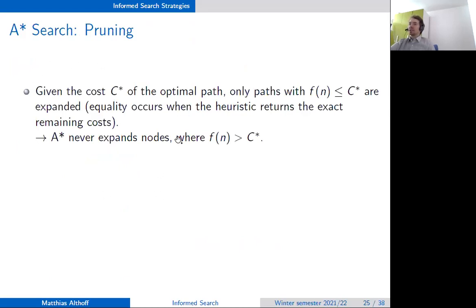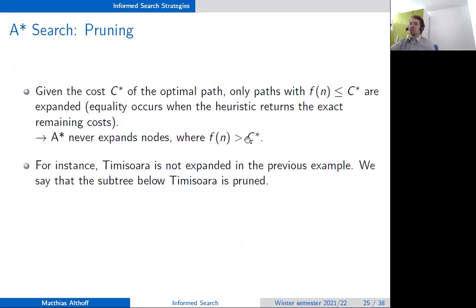So now let's talk again a little bit about this pruning that I already mentioned. Given the optimal cost C star, only paths with costs less or equal than C star are expanded. So as a consequence, A star never expands nodes where f of n is greater than C star. That was the quiz question. As an example, Timisoara is not expanded in the previous example.